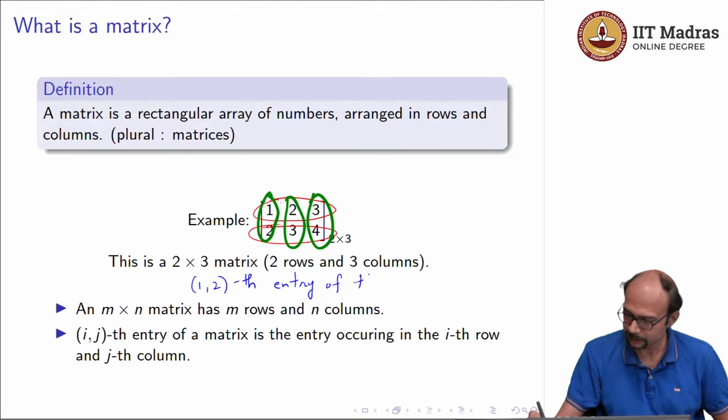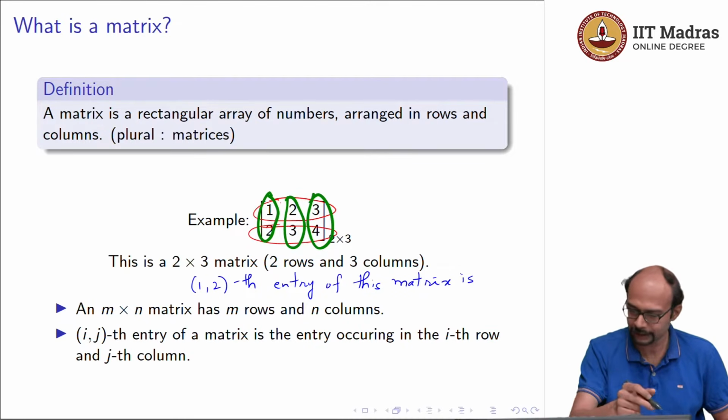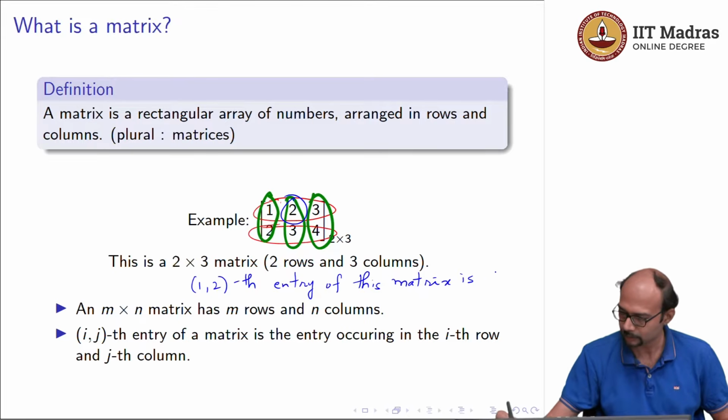You look at the first row, and you look at the second column. The first row is 1, 2, 3, and the second column is 2, 3. So the entry that you have over there is 2.